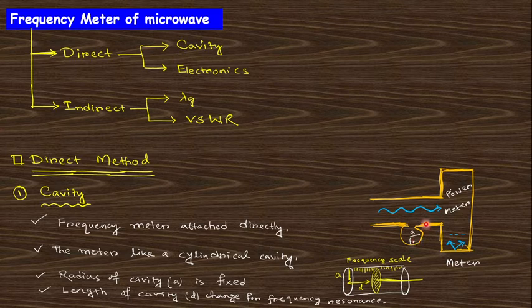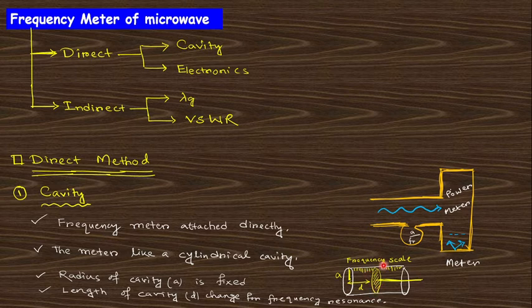Clear? So this is a direct method to find the frequency, using a meter like a cylindrical cavity. In this cylindrical cavity, the radius of the cavity a is fixed, and the length of the cavity, this is a side view of the cavity, is changed by adjusting this metallic surface.